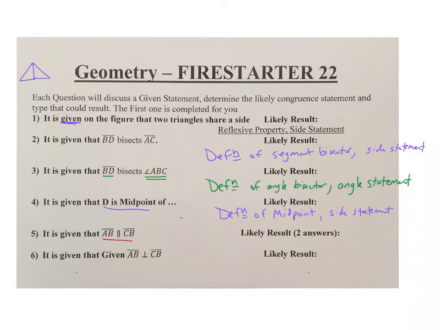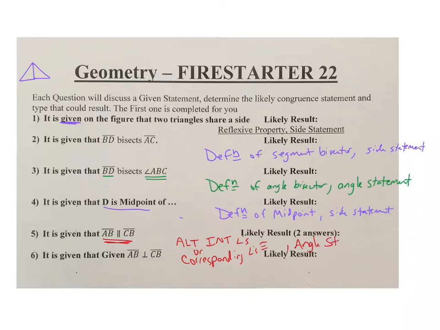Now, if you see this, I bet you're going to probably have angle congruency statements. So as soon as you see AB parallel to CD, you should think, I bet somehow angles are going to be congruent. And more than likely, there's two choices. You're either going to end up using alternate interior angles, or you might say corresponding angles. Now remember, those are angle statements.